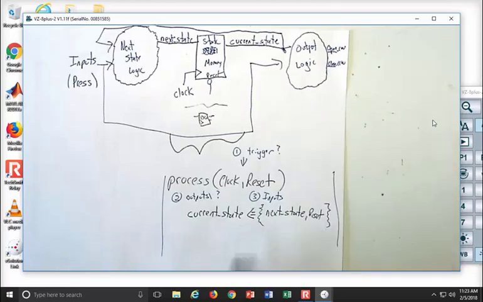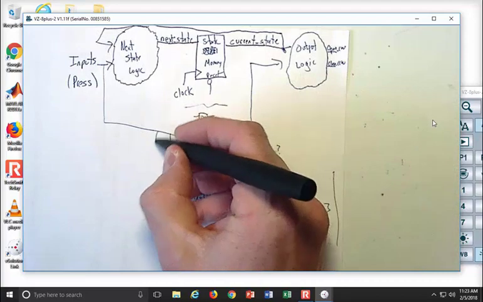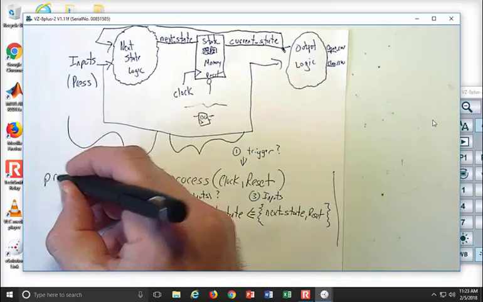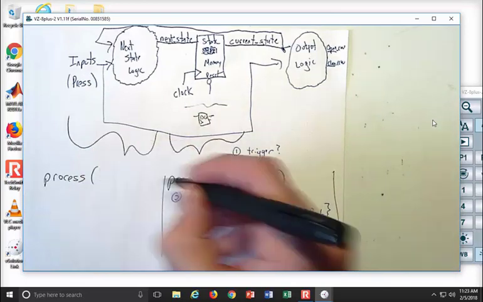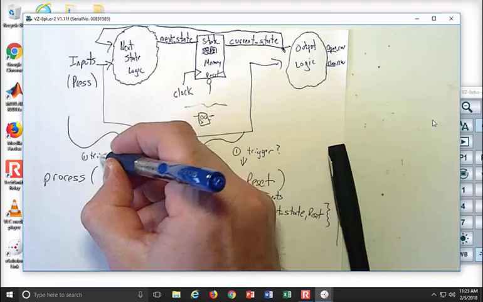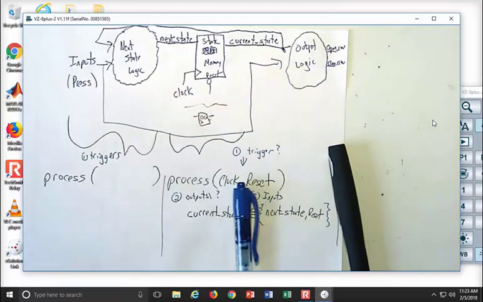So I'm feeling pretty good. Now let's look at the next state logic. You are going to model it with a process. The first thing we want to think about is what triggers the process. Is it combinational logic or sequential logic? It's combinational logic. That means you list every input into the combinational logic that exists.